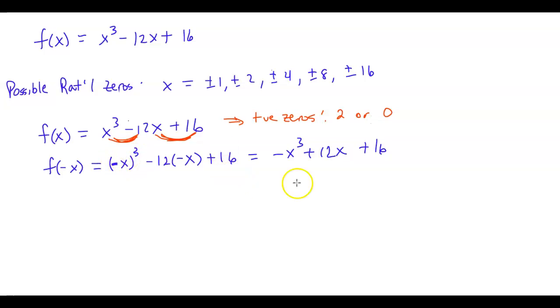If we look at the sign changes for f of negative x, we see that we only have 1 sign change here. And so this implies that for our negative zeros, we only have 1. And again, we only say we have 1 because if I take 1 and subtract 2 from it, I get -1, and it doesn't make any sense for me to say that I have -1 negative zeros.